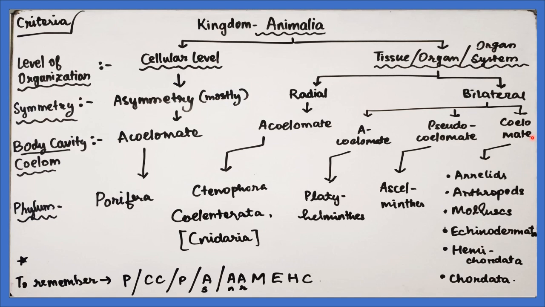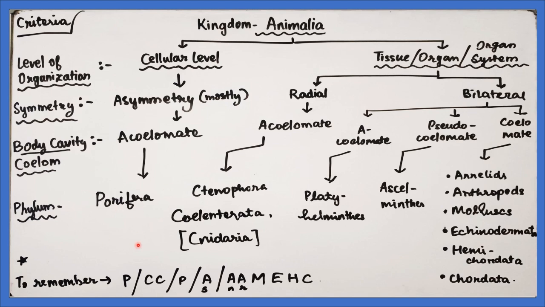According to level of organization, the animals can be of cellular level, or they can have tissue, organ, or organ system level. According to symmetry, they can be asymmetrical, mostly the cellular level organisms are asymmetrical, or have radial symmetry or bilateral symmetry. Mostly the cellular level asymmetrical organisms are acoelomate, that is they lack coelom.